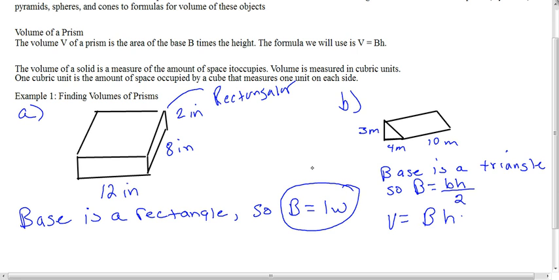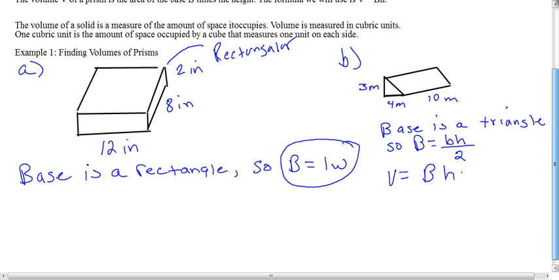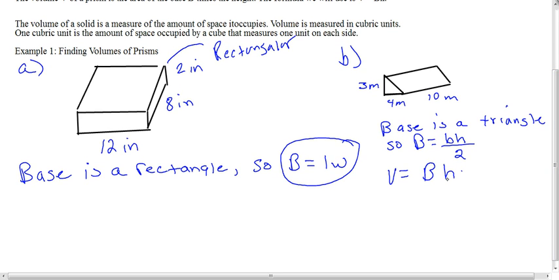So we can say that the formula for the area also constitutes our big B. Okay, so if that's the case, now we just need to make sure that we can add in the other part of our formula, which is base times height. So let's see, can we work this particular volume, this prism, that carries a length of 12 inches, a width of 8 inches, and a height of 2 inches.